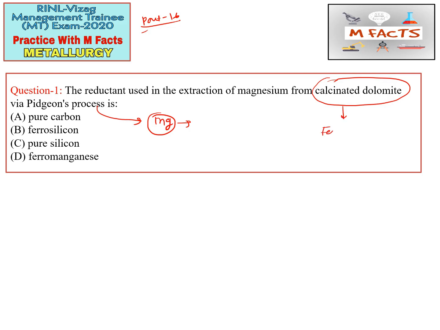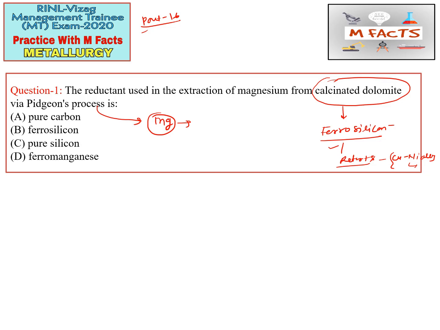That silicon is in the form of ferrosilicon, because we cannot use silicon in pure form here. The retorts are made of copper nickel steel alloys.